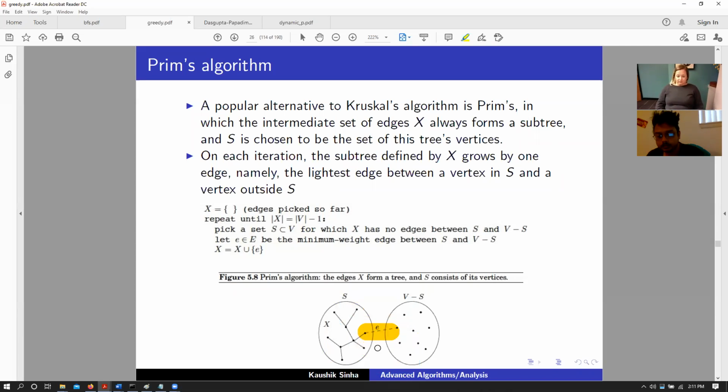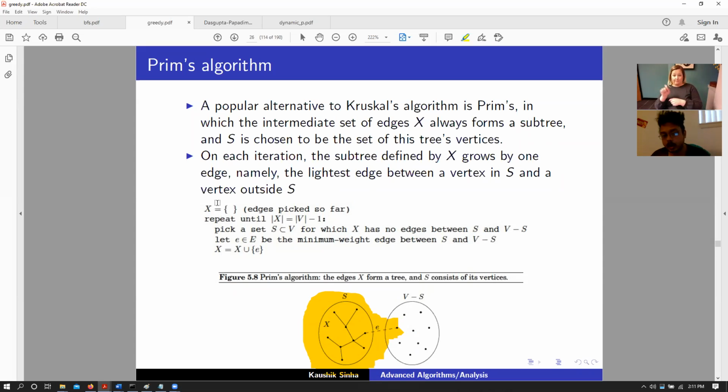So let's say that this particular edge E was the edge that had the minimum cost. So it picks that edge, and then essentially the set of vertices that we have discovered starts from this point onwards and then grows towards this particular vertex as well.